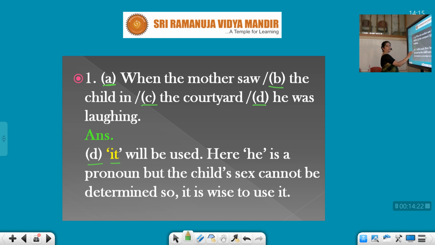You have to show it. Okay, this has to be replaced with this. So this is how you are going to answer your correction sentences. But now let us have a look, and very clearly I have told you, in today's exercise we are only going with what, students? Only with the pronouns.